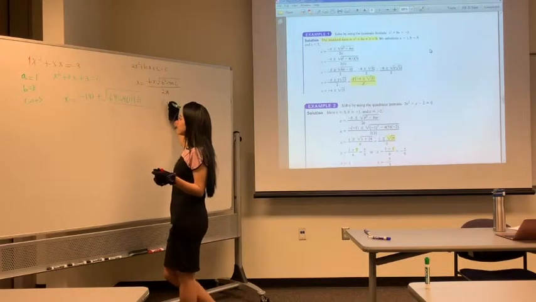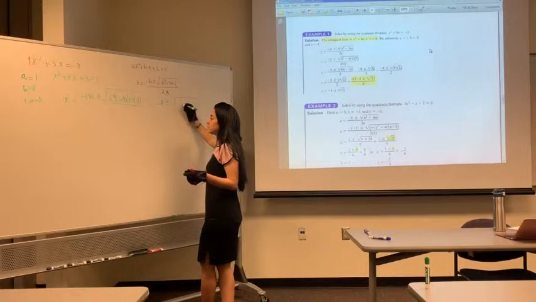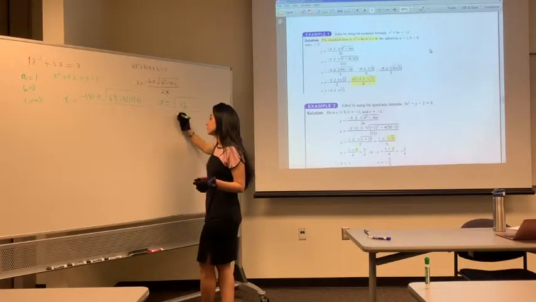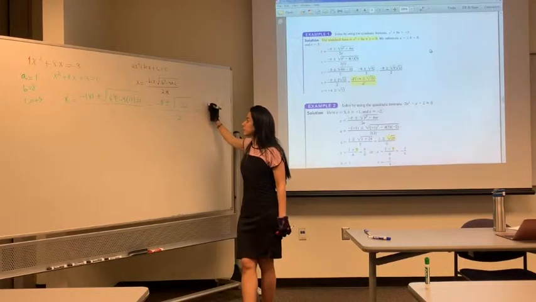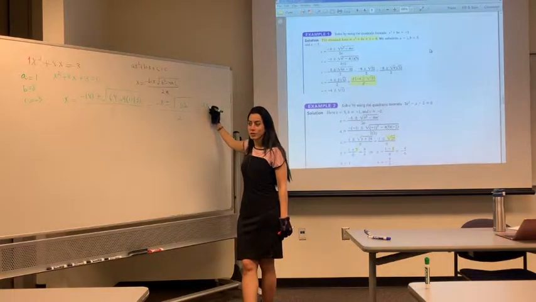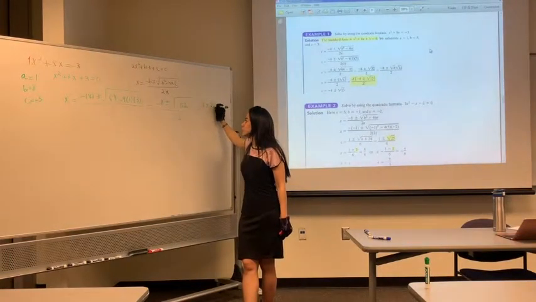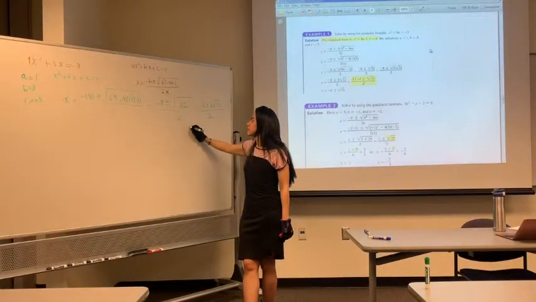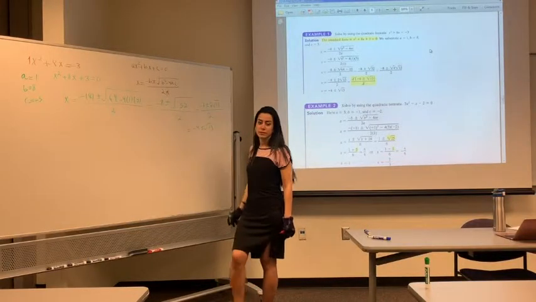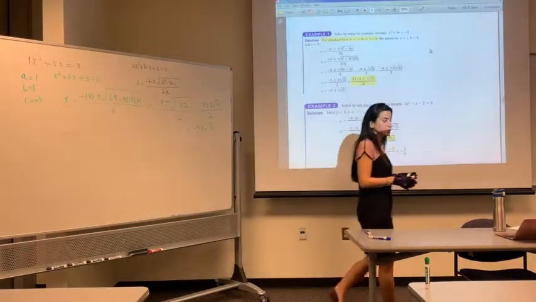Okay, negative 8 plus minus radical, again 52. Okay, divide by 2, right? Equal to negative 8 plus minus, 52 was 13 multiplied by 4, right? So that becomes 2 radical 13 divided by 2. Am I right? And then we have negative 4 plus minus radical 13. 2 will cancel.